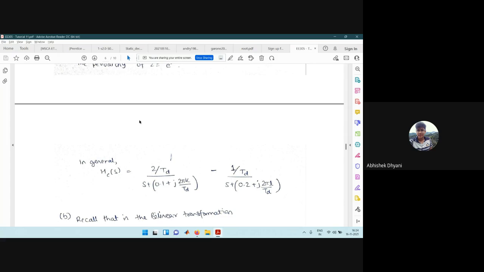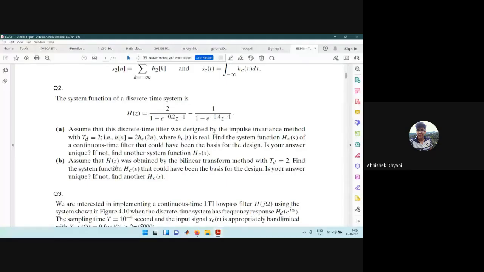Now let's look at the second part of this question. It says that Hz was obtained by the bilinear transformation method with Td equal to 2. So again, we have been given that Td is equal to 2, but now they are saying that a bilinear transform method is applied. This is one of the methods that was discussed in the lecture, but we will also briefly look at it.